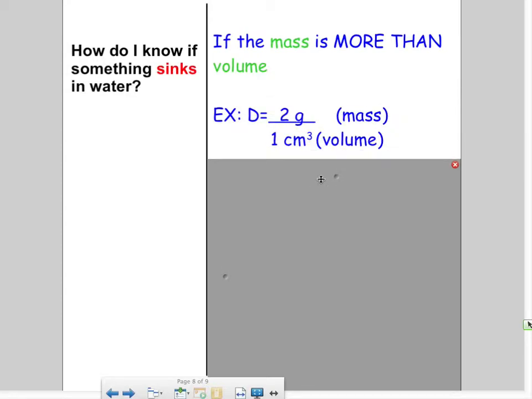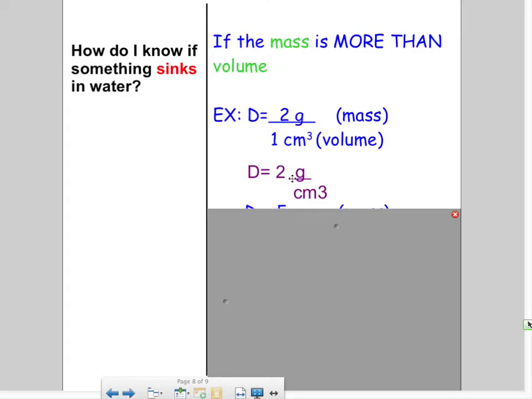For example, 2 grams of mass in 1 centimeter cubed volume. The 2 is greater than the 1, the mass is greater than the volume. So it will sink. If you solve for this, 1 goes into 2 twice. So your answer would be D equals 2 grams per centimeter cubed.